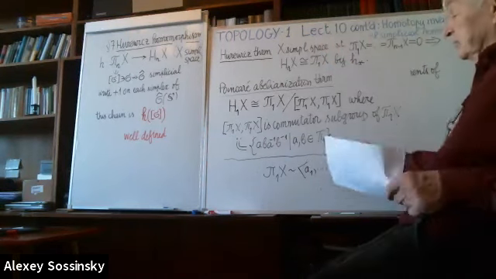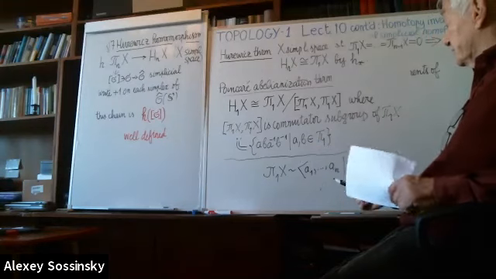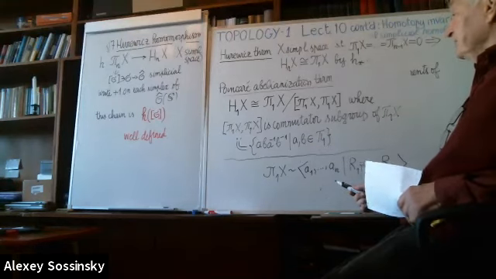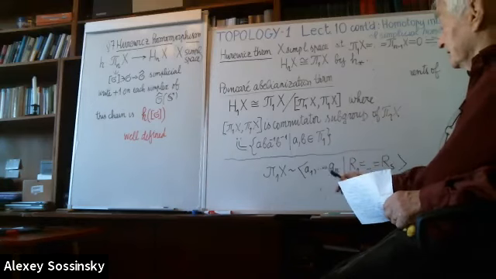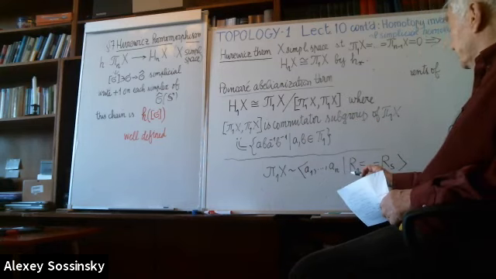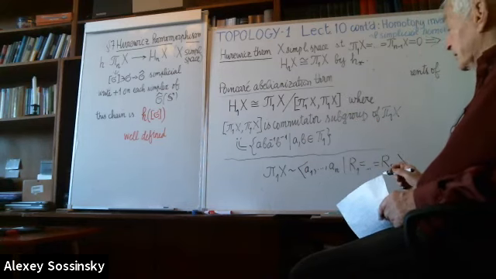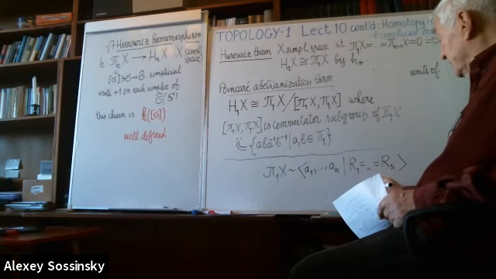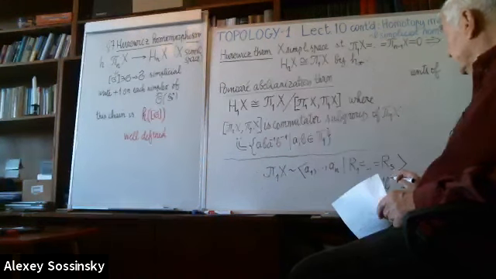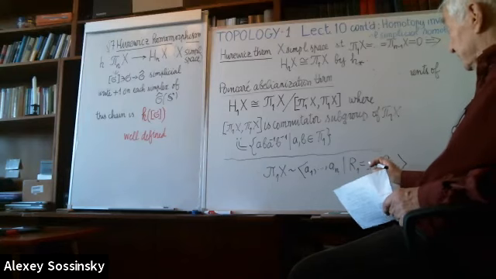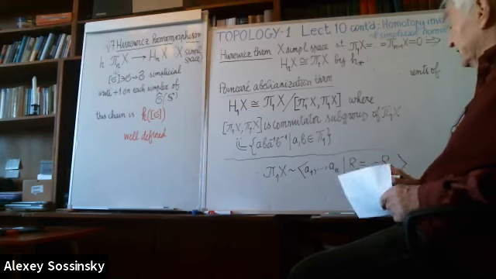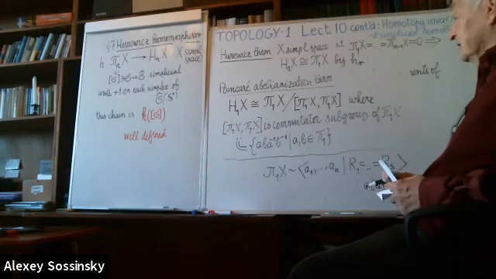So supposing π1 of X is a finitely presented group, then what this theorem says is that if we add to these relations all possible relations of the form a b a⁻¹ b⁻¹, then what we obtain will be the homology group.